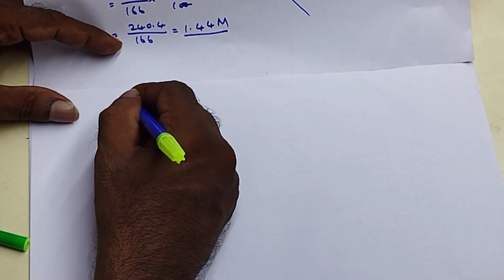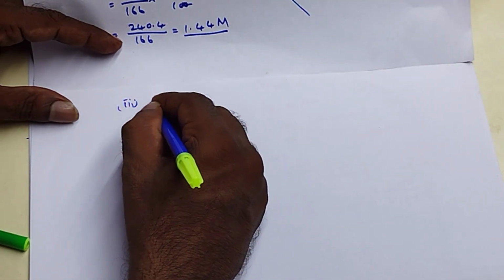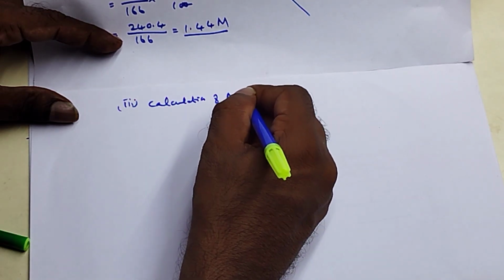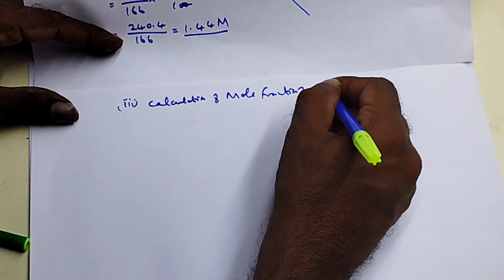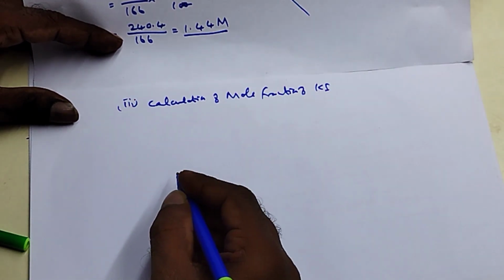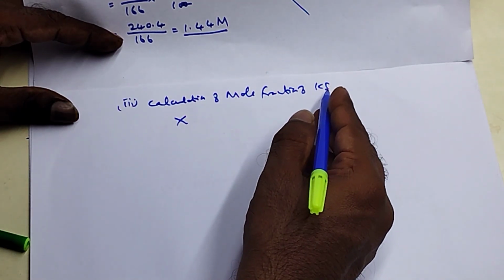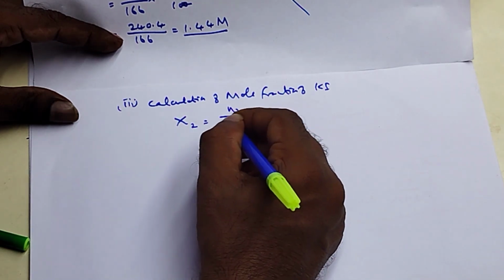In the third part, calculation of mole fraction of KI, they are asking. KI is the solute here. Mole fraction is denoted by the letter chi. For the solute, chi2 is N2 by N1 plus N2.